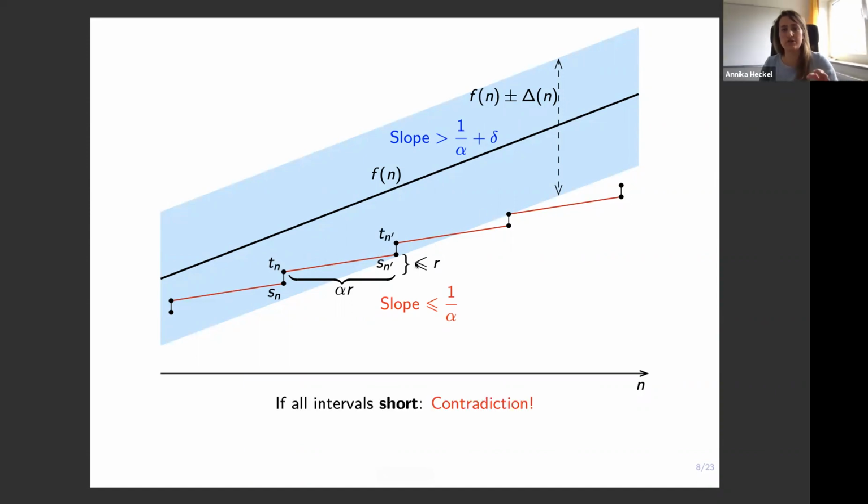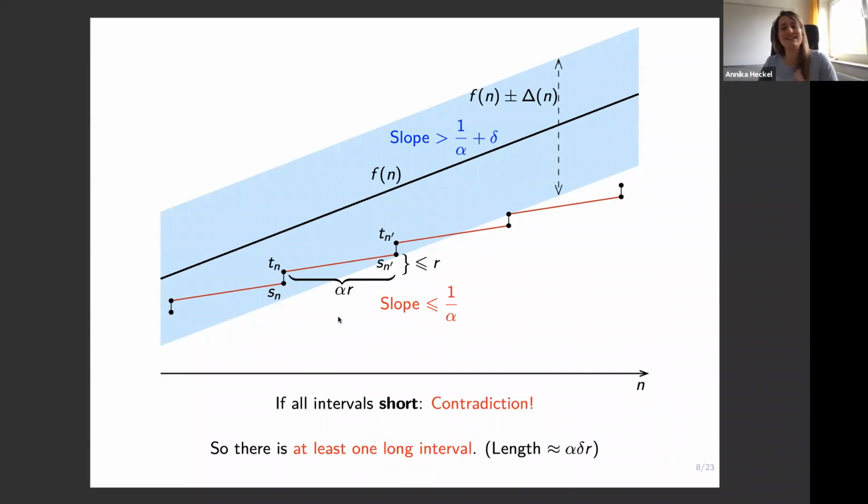And now if all intervals were short, then eventually this would lead to a contradiction, because as we increase n, here we go up with slope bigger than 1 over alpha, and here, between the intervals, we go up by at most 1 over alpha. If we don't move up enough within the intervals, eventually we would get an interval like this one that's outside the blue band.